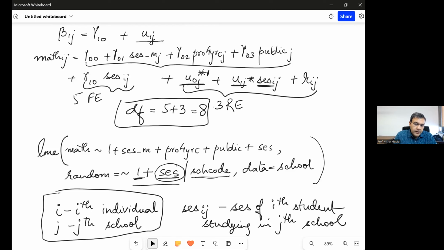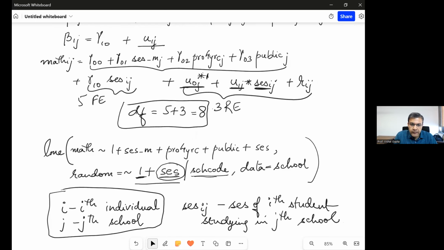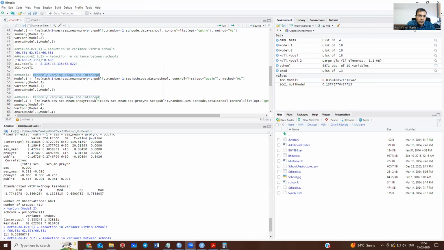This is okay. So we go to our script, and you see now what we have written. If you go to line number 54, I have written math is regressed on 1 plus SES mean pro 4-year and public. These are our 5 fixed effects. Then random, we said there is randomness associated with 1 and there is randomness associated with SES.